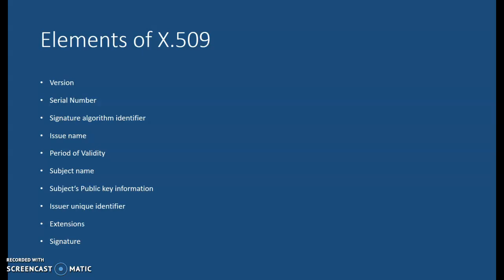Subject unique identifier: an optional bit string which identifies the subject in the same event. And extensions: a set of one or more extension fields. Extensions were added in version 3.